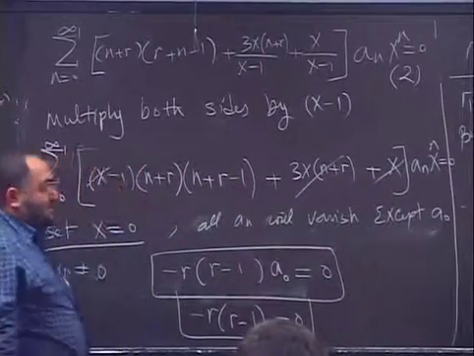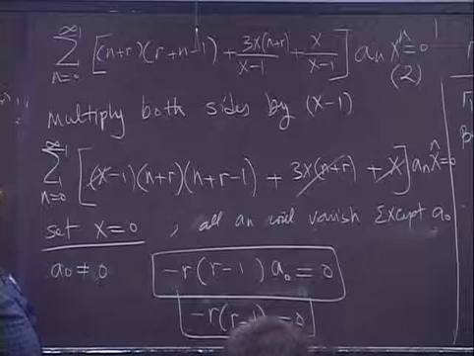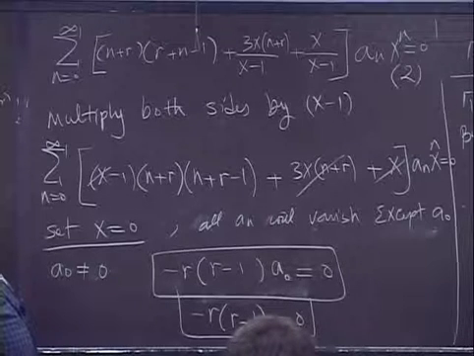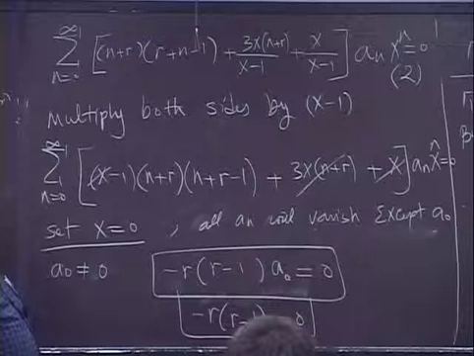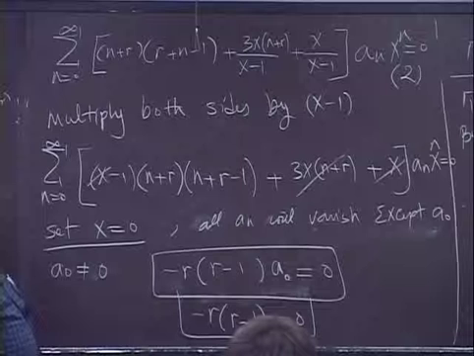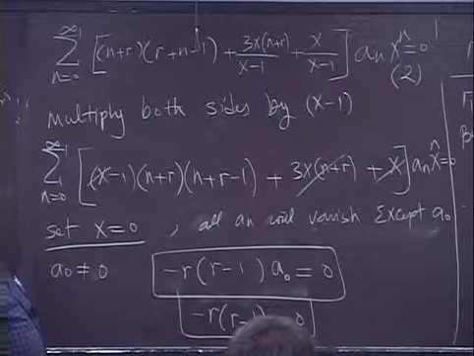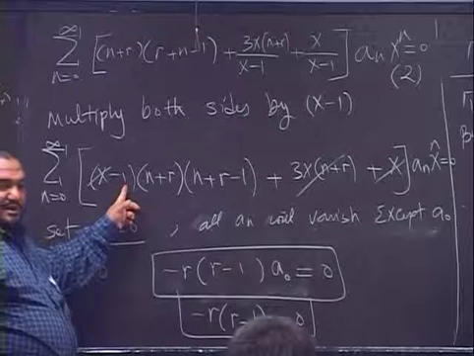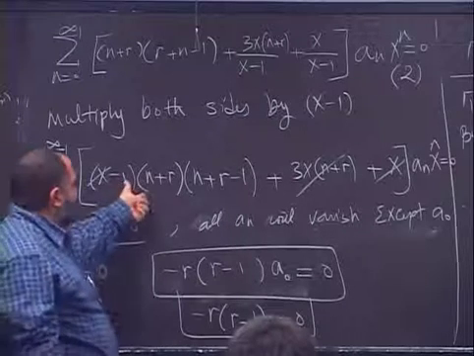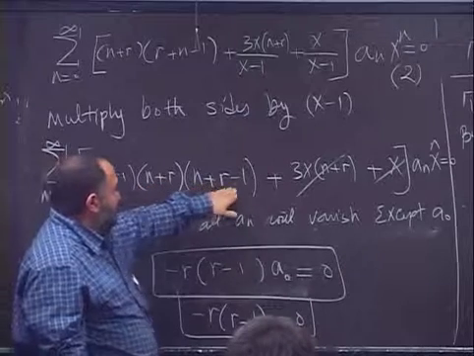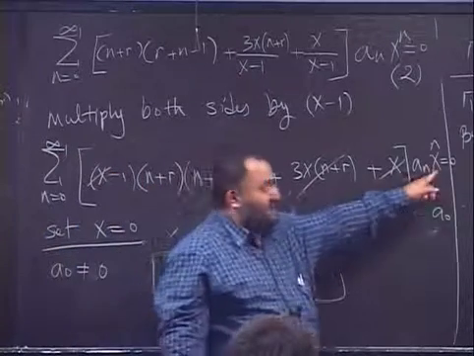Okay guys, the only case where you do not have a_(n minus 1) is the 1 here, because the 1 is multiplied by (n plus r) multiplied by (n plus r minus 1) multiplied by a_n x to the power of n.